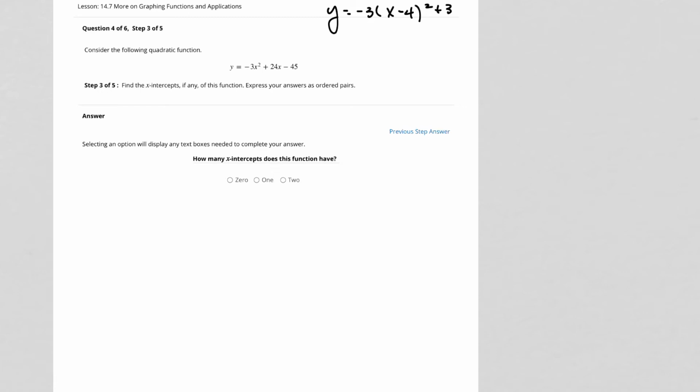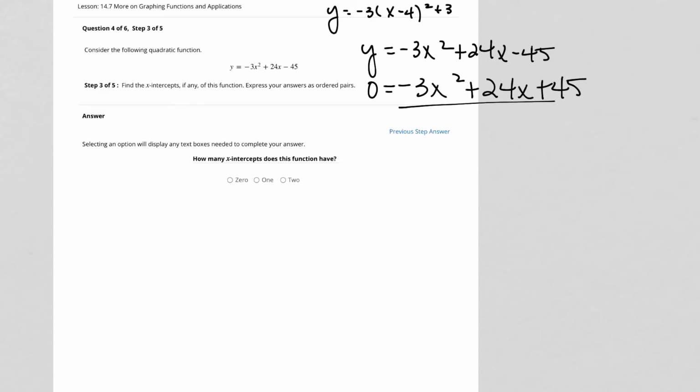And once again, I think I can factor this. So that's what I'm going to try to do. I'm going to start with this form, y equals negative 3x squared plus 24x minus 45. And I am going to set that equal to 0 because I'm looking for my x-intercepts.